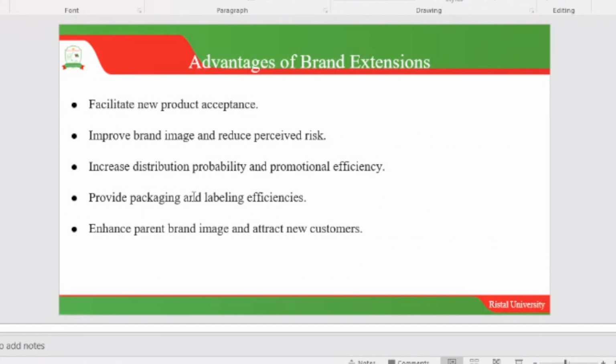The probability that the products can reach different customers is higher, but also it helps the target group understand that your brand is actually up to date. That's why it improves the brand image. The perception is always that new things are an upgrade of the other things.